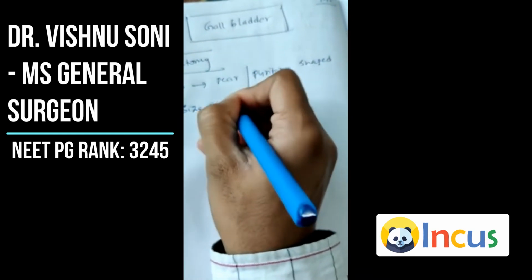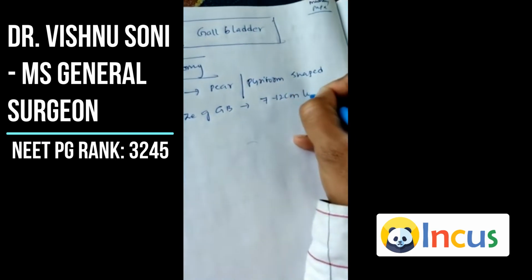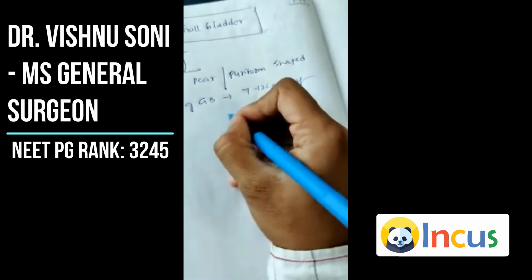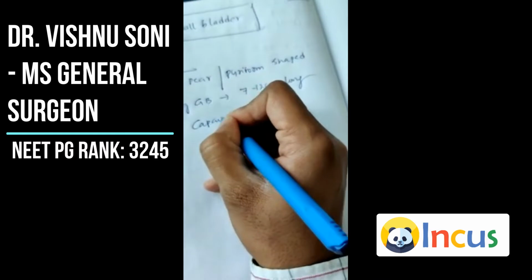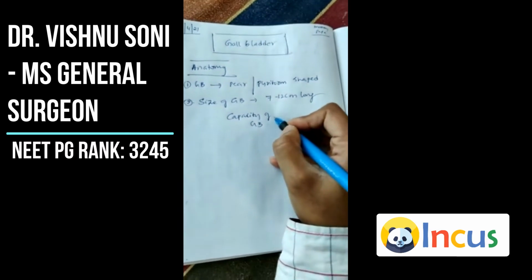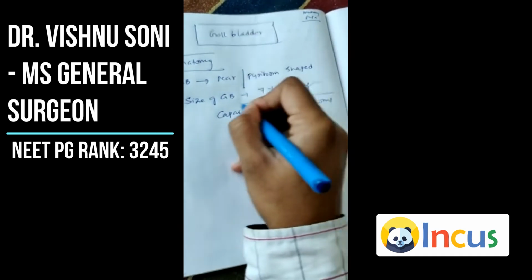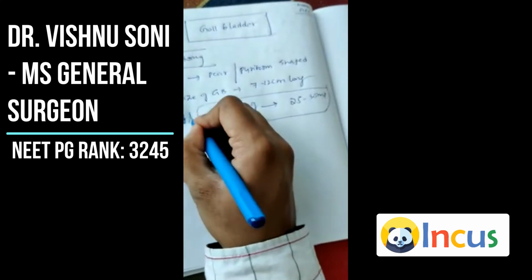The size of the gallbladder is 7 to 12 centimeters long. But the capacity, it's a very important question. Capacity of gallbladder is 25 to 30 ml. Important question. Capacity of gallbladder 25 to 30 ml.